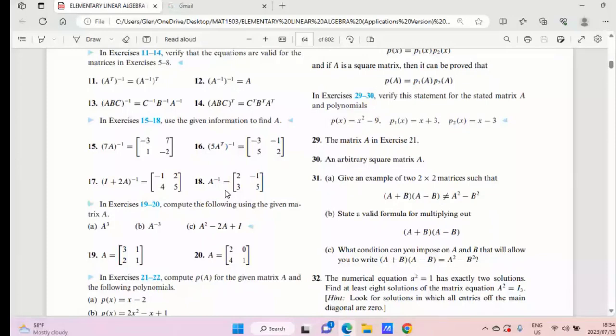I don't know how to explain that. But what I did was, isn't it that we are given the inverse of A, which is that matrix 2, -1, and then 3 and 5. So what I did was I said I have to interchange the 5 and 2. So the 5 will come on the first row, and then the 2 will be on the second row, the last number.